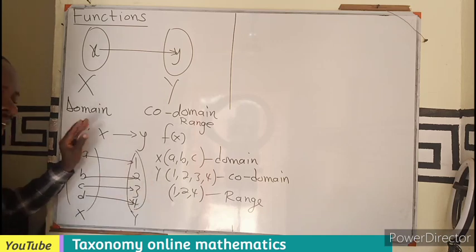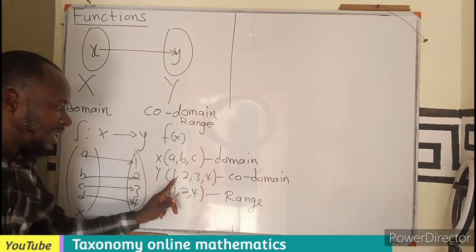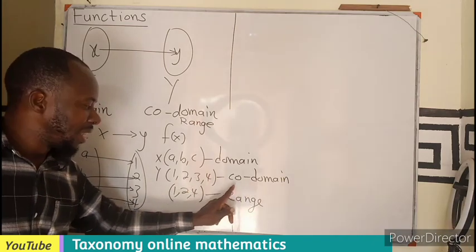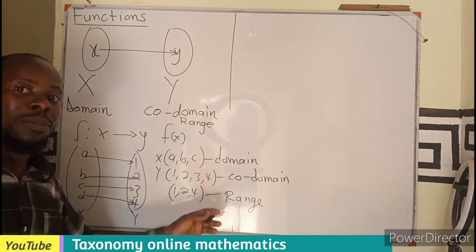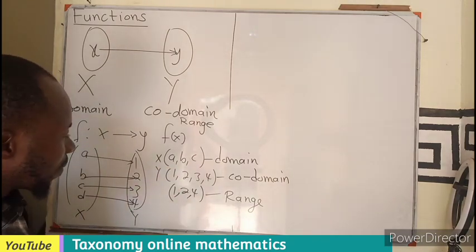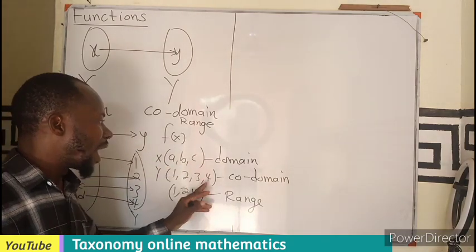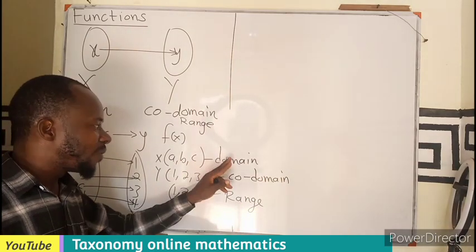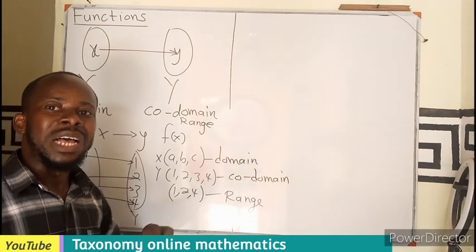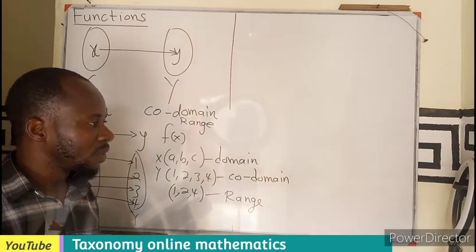When all the ordered pairs are picked and the elements we have in the codomain are the same elements we have in the range, we can use the domain as the first set and the range as the second set, or we use the domain as the first set, then the codomain as what? The second set. All right.